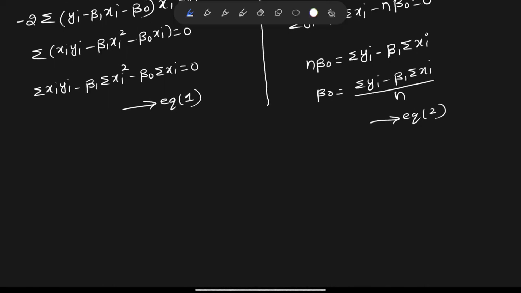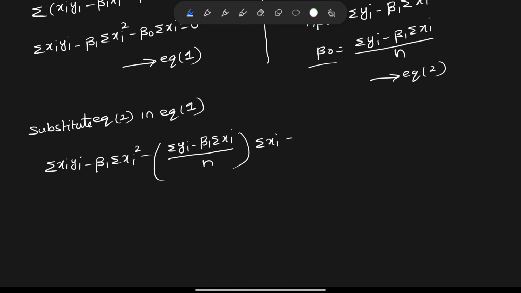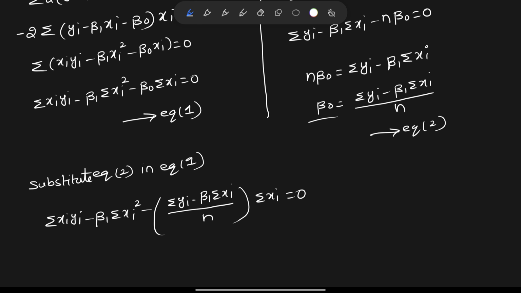Now we will substitute equation 2 into equation 1, that is the beta naught value. So we have substituted this beta naught value here.